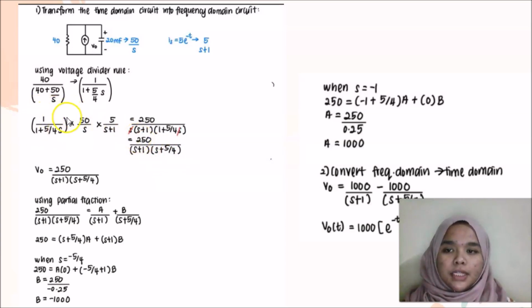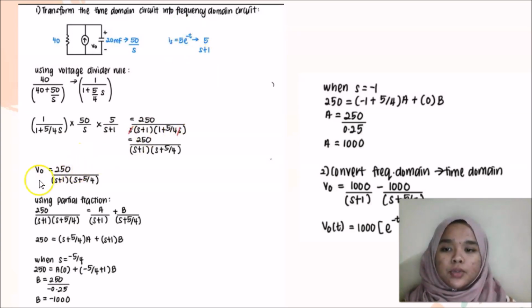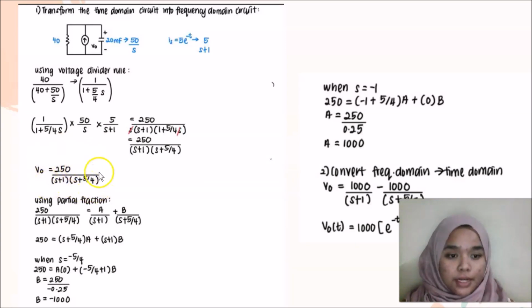Initially we have the voltage and then we need to multiply it with the current source. The current source is 5 e to the power of negative t. By referring to the Laplace transform, we get 5 over S plus 1. Now we get V output equals 250 over (S plus 1)(S plus 5 over 4). However, this is not the final answer.